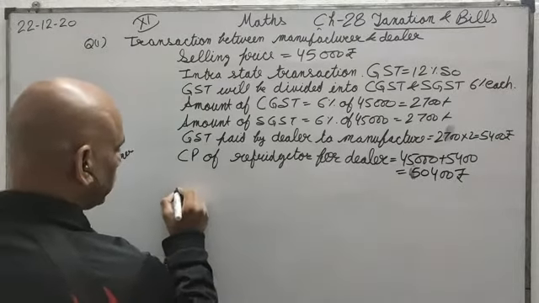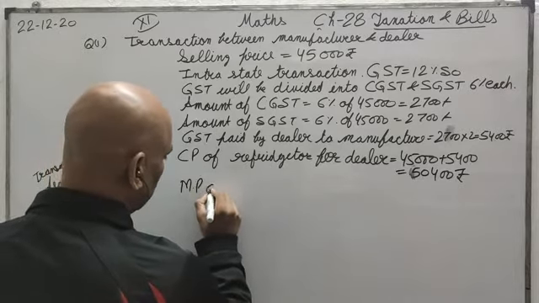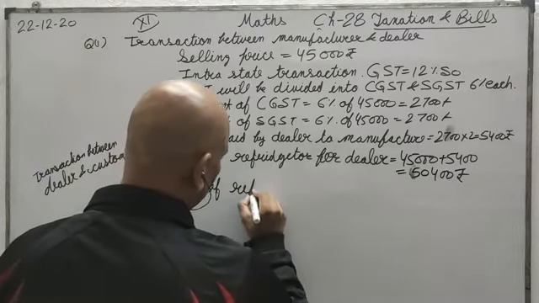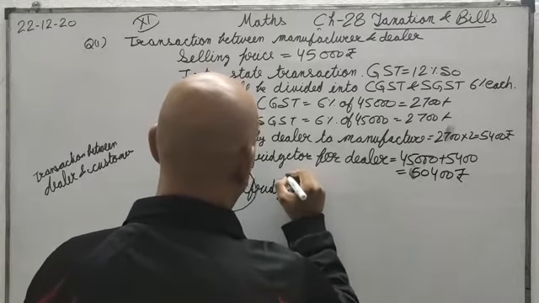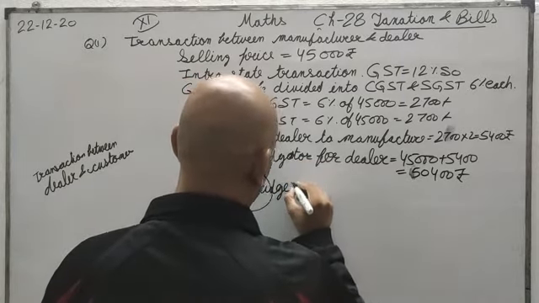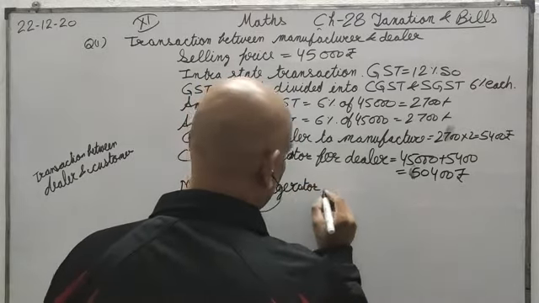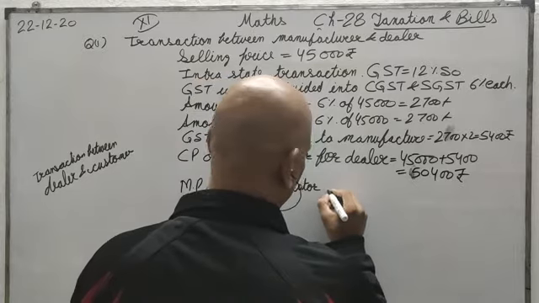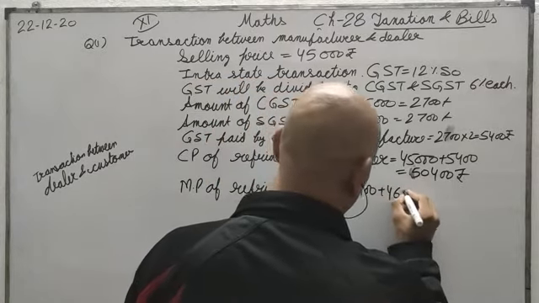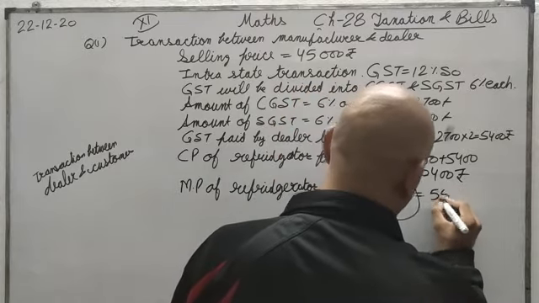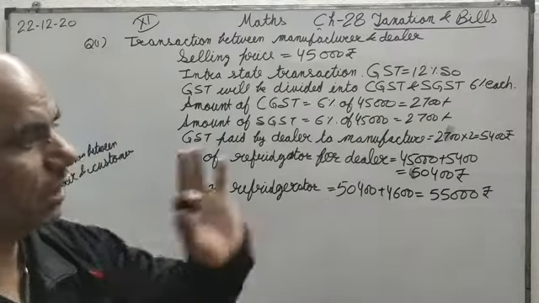So the marked price of the refrigerator is equal to 50,400 plus 4,600, that is 55,000 rupees. Now for the customer it is 55,000.